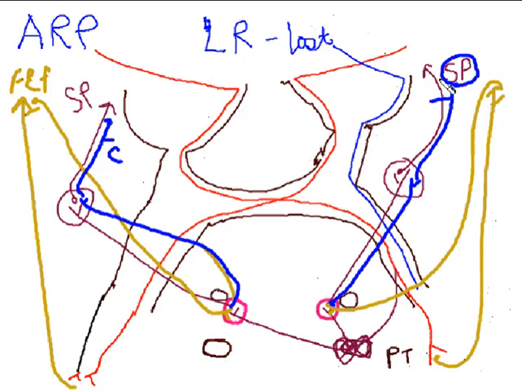And at the same time, these fibers which have gone here, they also stimulate the third nerve nucleus. From here they pass to the eye. So they pass to the medial rectus of the eye. And the medial rectus pulls the eyes medially. So that's how you have both eyes looking medially.